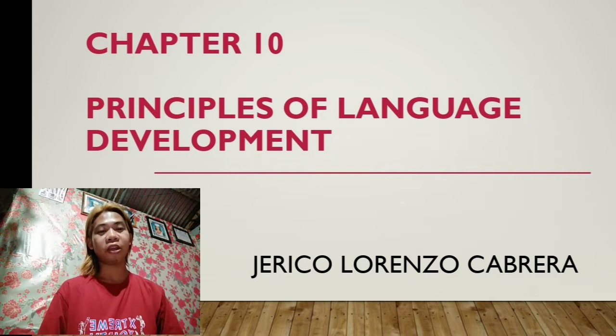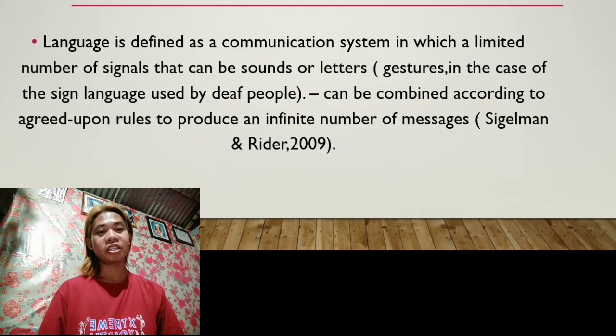What is language? Language is defined as a communication system with a limited number of signals that can be sounds or letters. In language, there are proper ways to communicate and interact with each other.